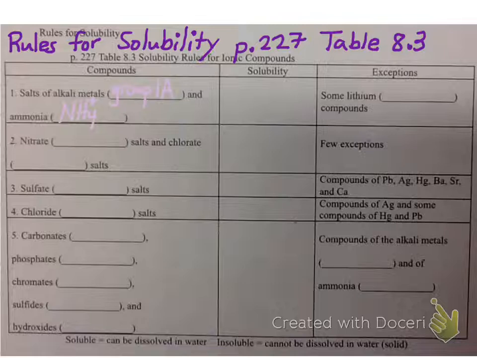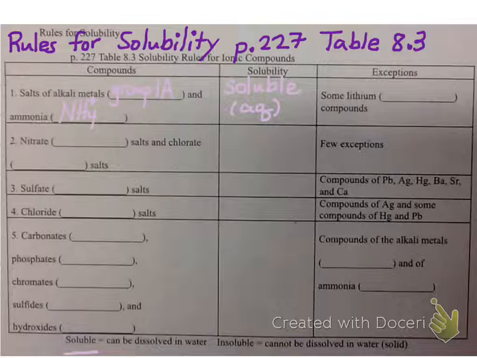Now, when you look at page 227, you'll see that in solubility it says soluble. And down here at the bottom it tells you soluble means it can be dissolved in water. What I would suggest is that you put a little note that you should put aqueous as its state of matter.